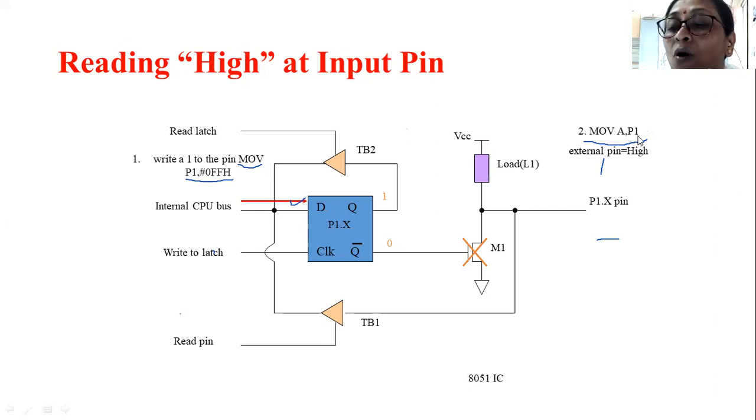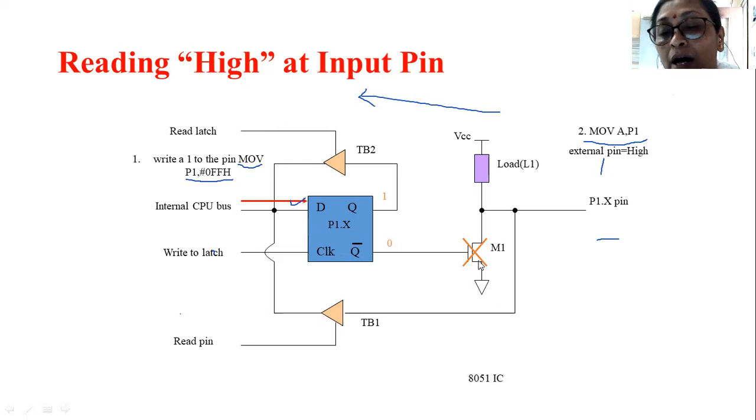Whatever is on the port pins of port 1 will be moved to the A register or accumulator of the CPU. So data transfer is from port pins to the CPU in this direction. Okay, from port pin to CPU. So what will be the direction of the data now? This is from port pin to the CPU. Are you getting the point?